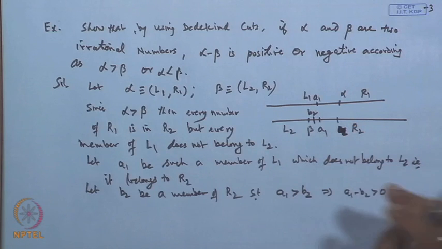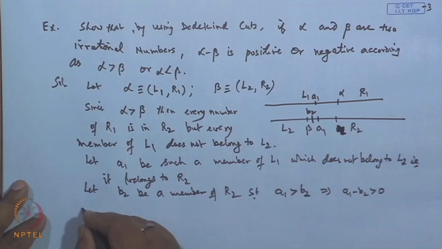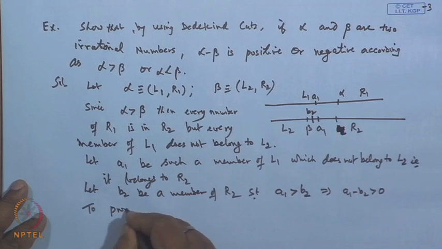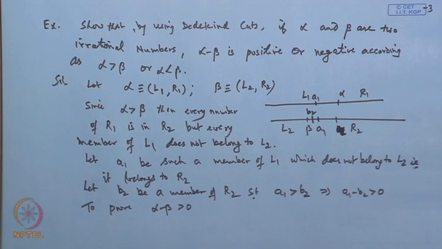Is this clear? Now, we wanted to prove that alpha minus beta is positive. So, what do you mean by a positive number? If I apply the definition of Dedekind cuts, then a number is said to be positive when its lower class contains some positive numbers, is it not?